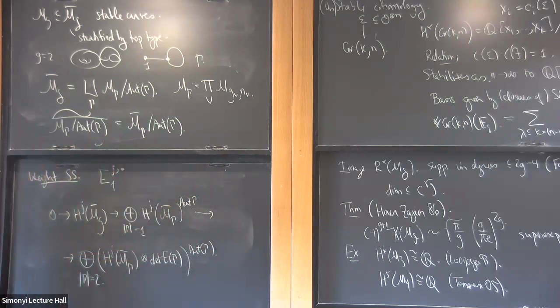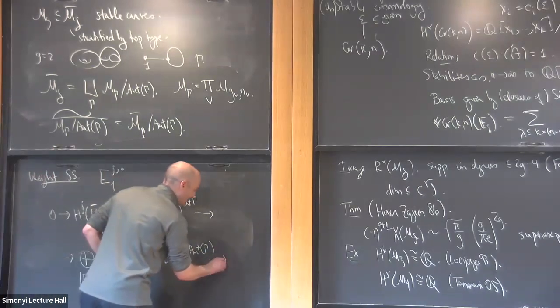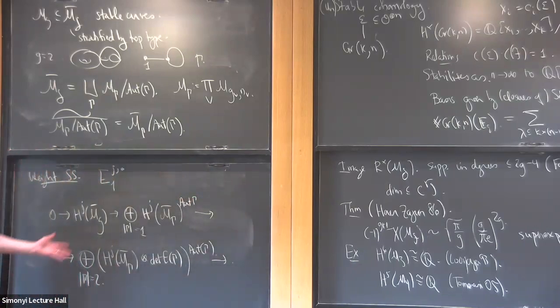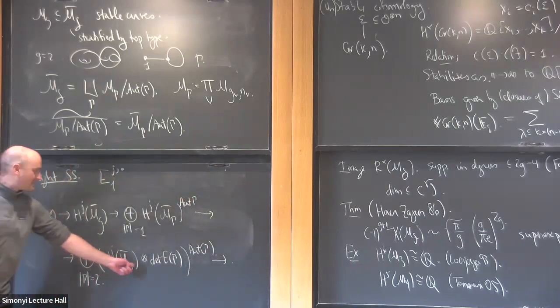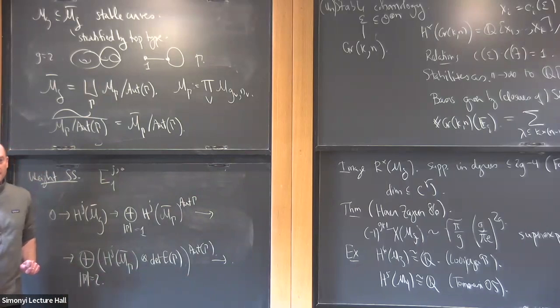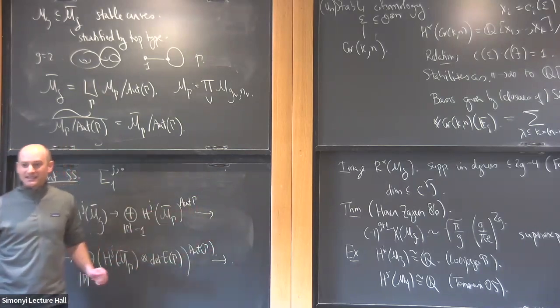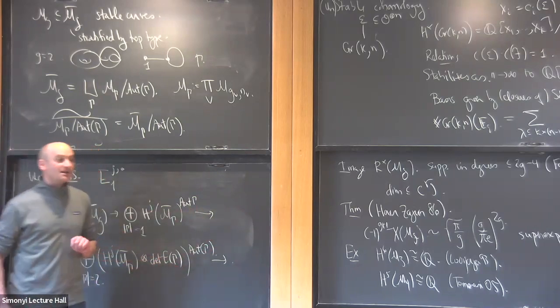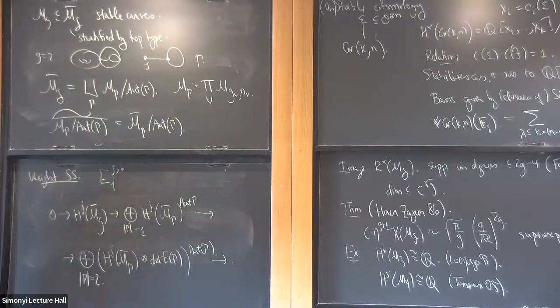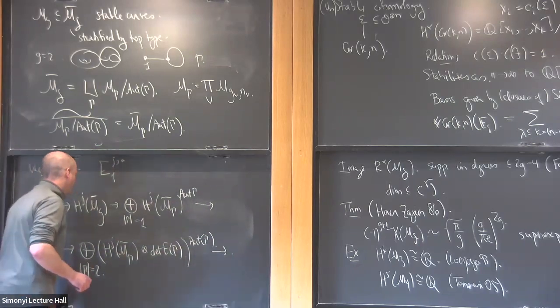And this is because of a local system that appears in, so always in homological algebra, the signs are crucial, and this is what it takes to get the signs right in the spectral sequence. And then all the rest of the terms are the same. So you just start increasing the edges, and at every stage you tensor with the determinant of this permutation representation, and that's it.